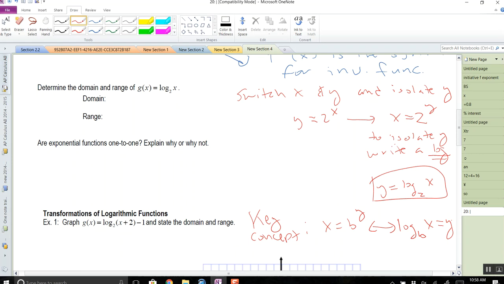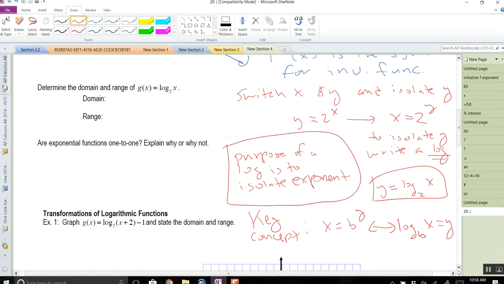So the purpose of a log is to isolate the exponent. Sometimes that gets lost in the weeds. We don't realize that that's all you're doing.